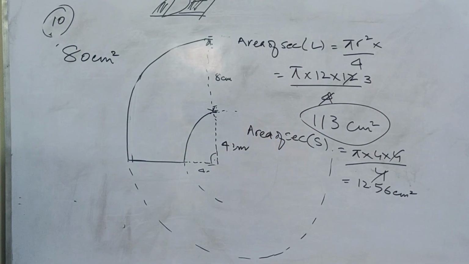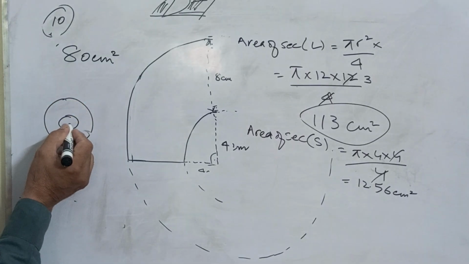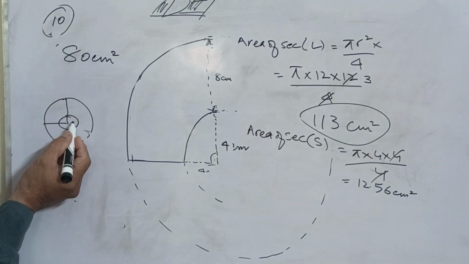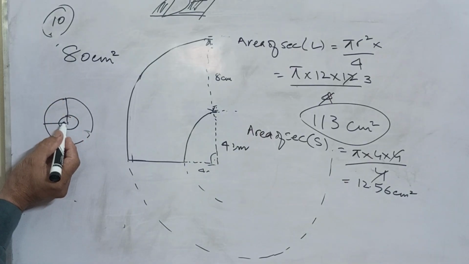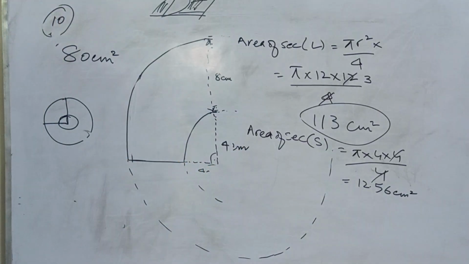Now you see, my dear students, this is an empty portion, just like a washer. You might have seen a washer which is like this. There is a hole in this. So this is a quarter hole in our figure also.